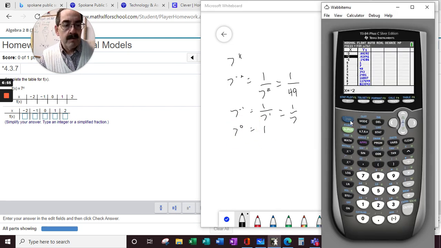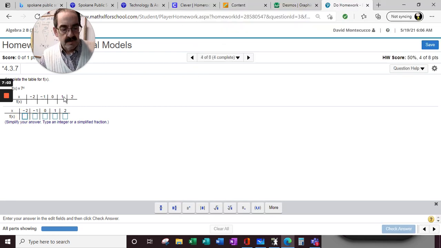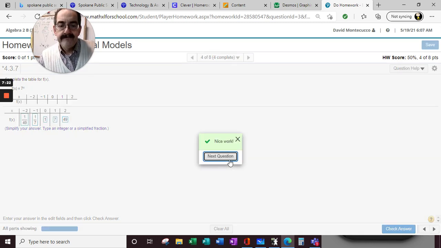Try it. 7, caret key, 0 power, 1. 7 to the first power is 7. 7 to the 2 power is 49, right? Good. Okay.